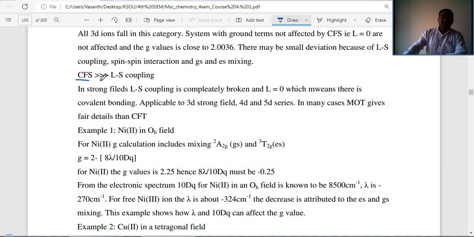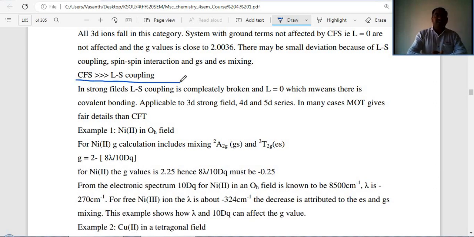In case CFS is very, very much greater than LS, consider that in a strong field LS coupling is completely broken and L is equal to 0. Means there is no orbital contribution.